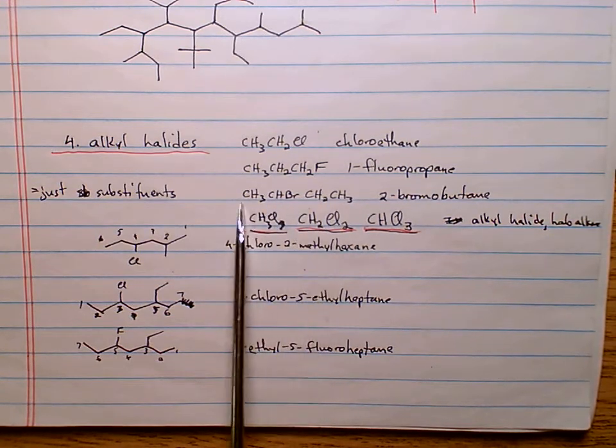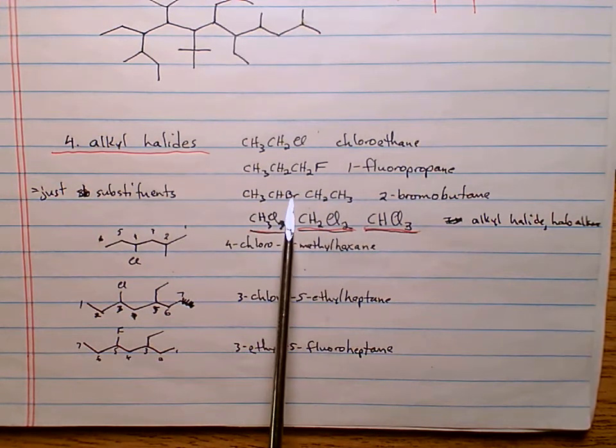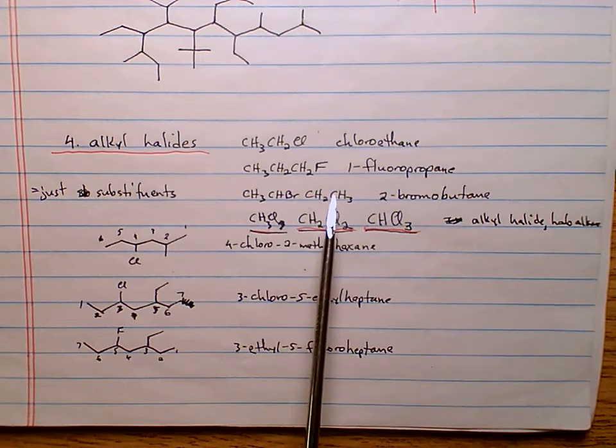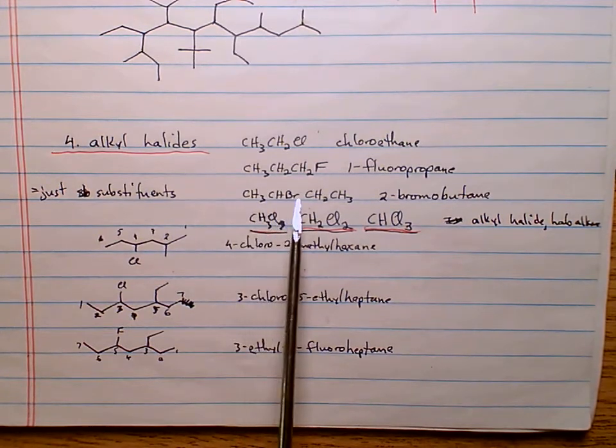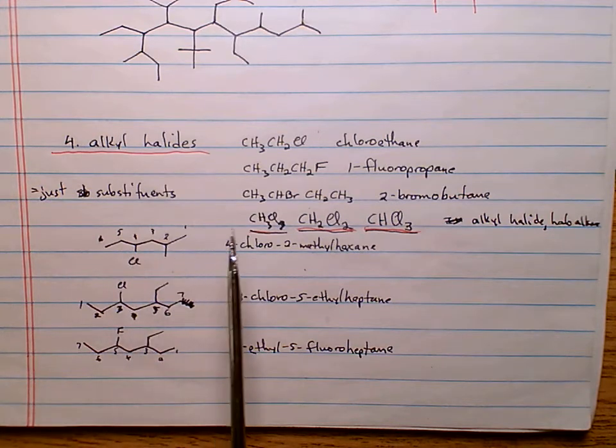Four carbons in our longest chain, so it's a butane. The bromine's on carbon 2, so this is 2-bromobutane. Easy peasy.